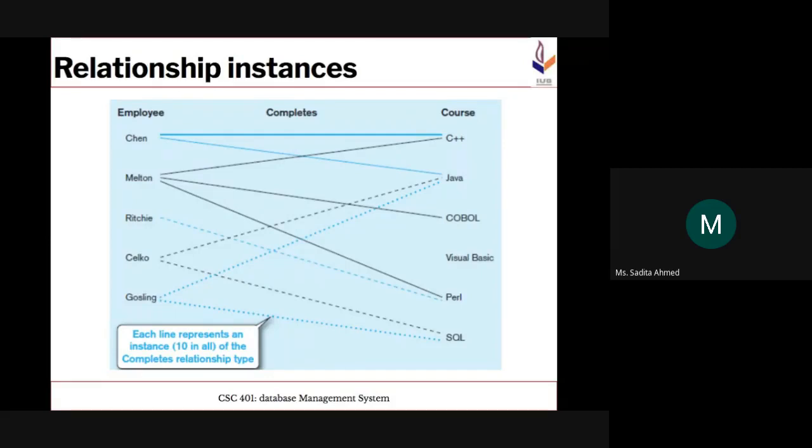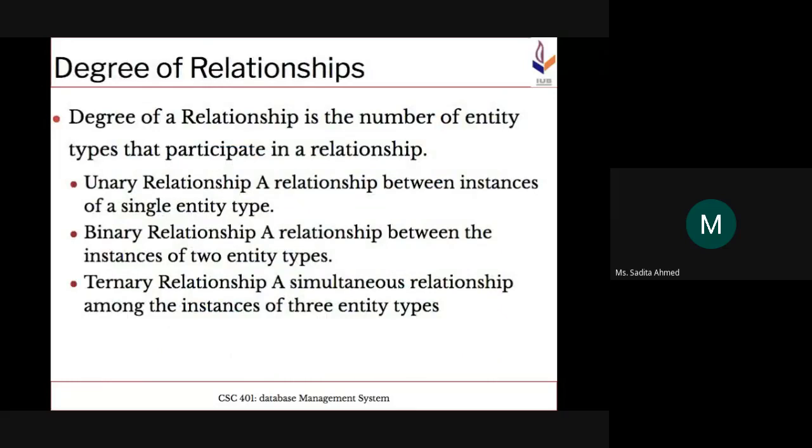Right? Now, what about the other two types of relationship that we have based on the degree? Unary relationship, ternary relationship. We call it a unary relationship when an entity type is associated with itself. That is, the relationship is associating a single entity type with itself.